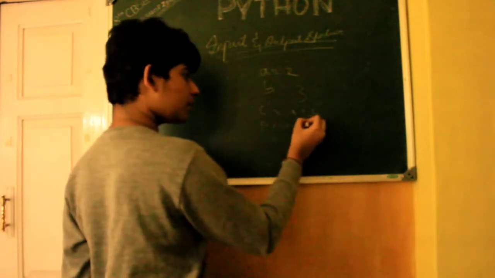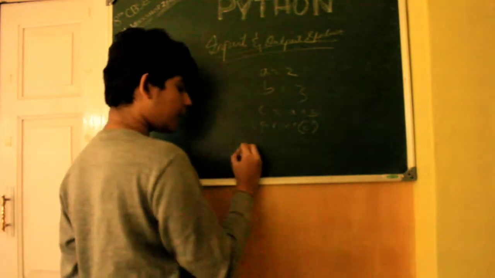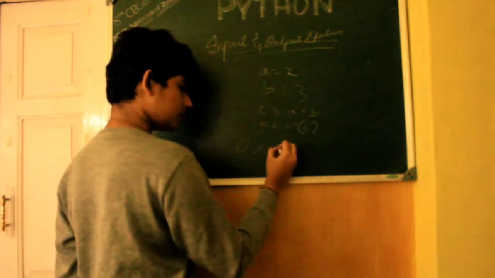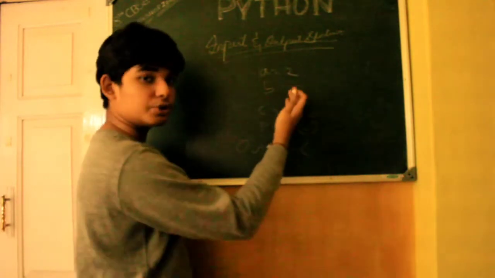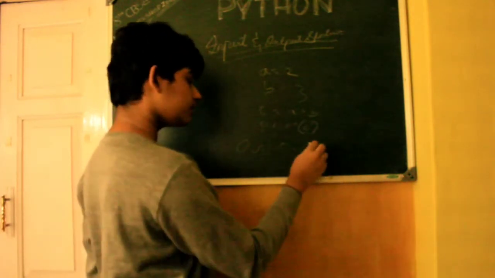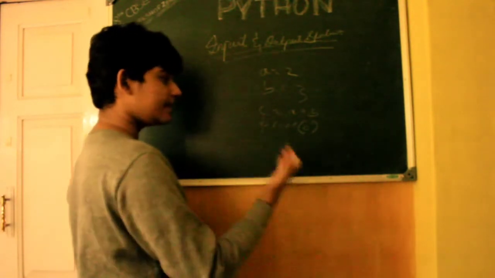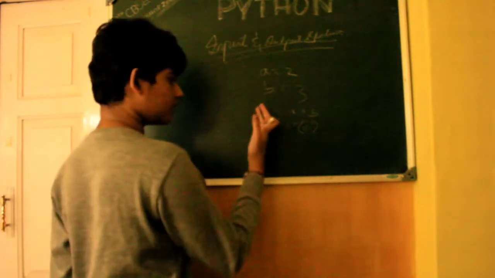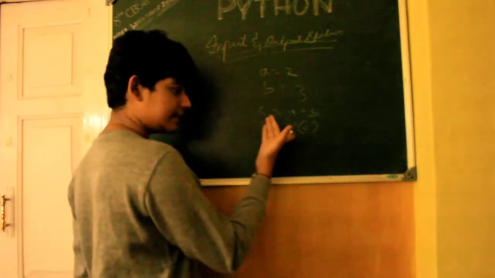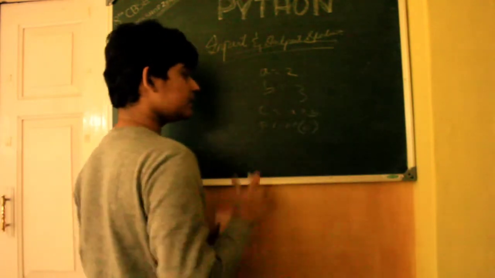Then if you keep the quotation marks, the output will be c. Instead of adding these both numbers and showing 5, it will only show c. So when you have specified the string or the integer beforehand, then you can write it without quotes so that it prints the actual value.